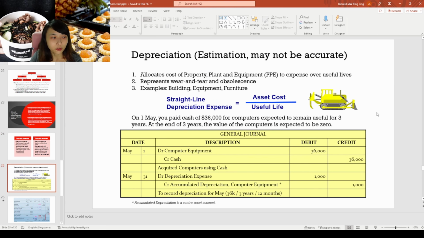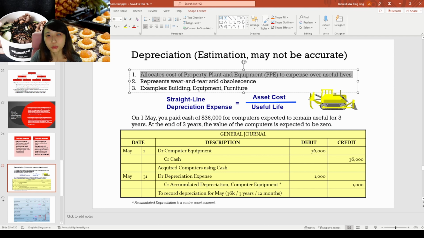Okay, example of depreciation. Depreciation is just an estimation, based on when you buy an asset, how long it can last, and how long it should depreciate over. So you allocate the cost of property to expense over the useful lives instead of expensing it all in one go.